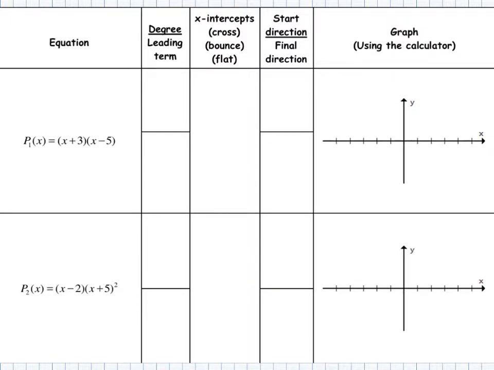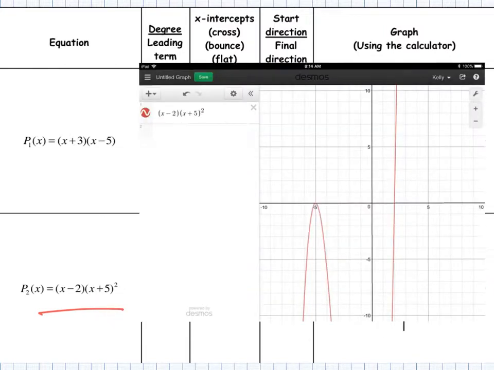So this is a line from your investigation. So I'm going to pause and put the second equation here in Desmos, and then I'm going to pull that picture up. Okay, so this is the screenshot. I know it's kind of hard to see the edges of it. And I put in this polynomial, x minus 2 times x plus 5 squared, and this is what came up.